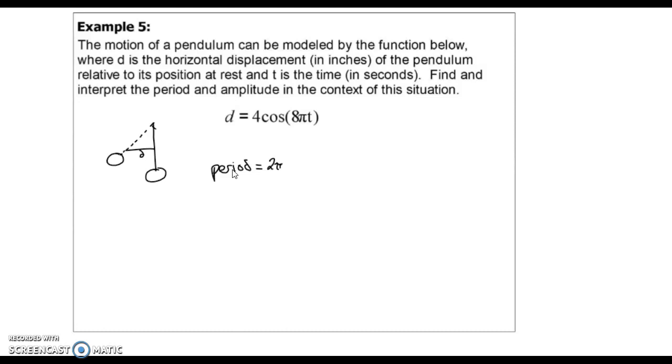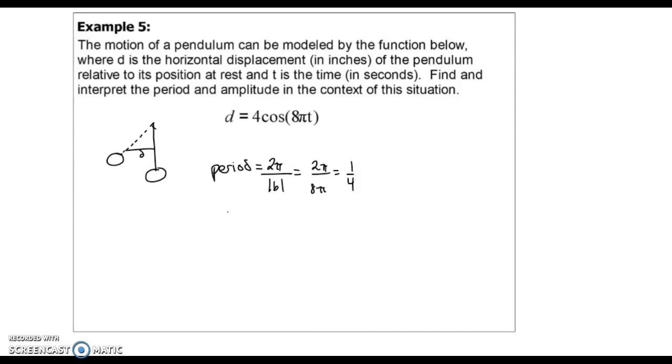So remember that our period is 2 pi divided by b. So it's 2 pi divided by our b, which is 8 pi. That equals 1/4. So what that means is the amount of time it takes for the pendulum to go from far left to far right and then return is 0.25 seconds.